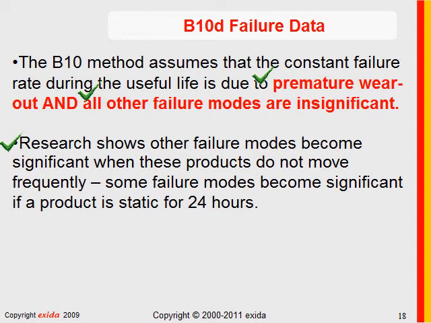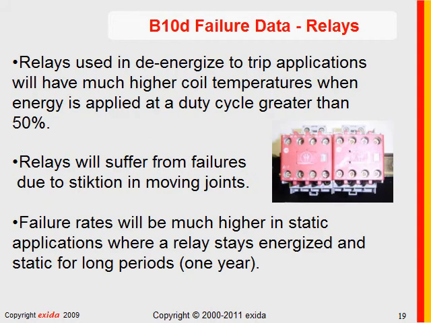It's just absolutely a fact of life. Consider a relay. Many relay manufacturers who focus their efforts toward the machine safety world publish B10d data or MTTFD data for their relays. This is very appropriate if your application is constantly cycling. But what happens if your application is not constantly cycling?